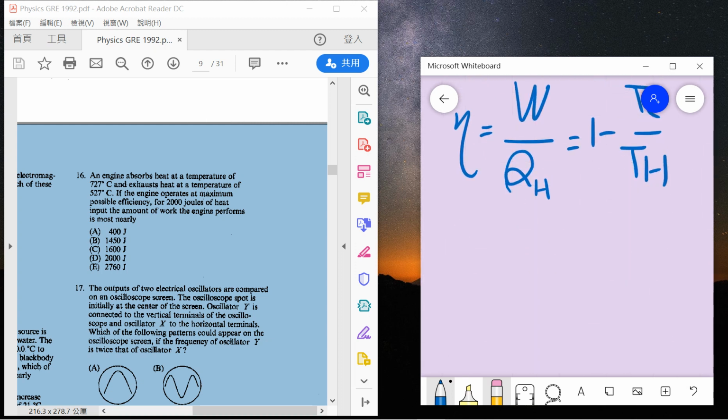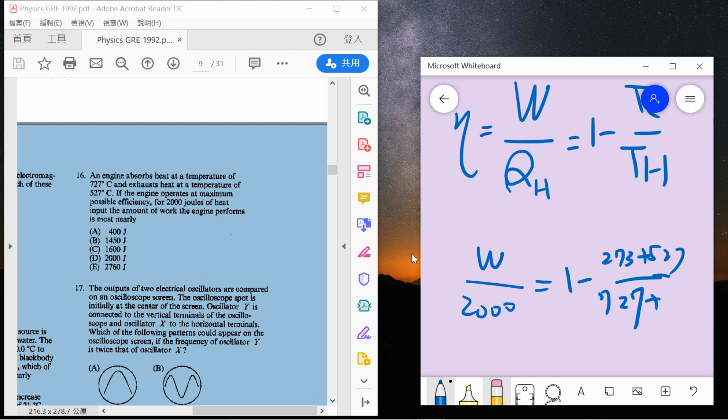So you have the work. He said that for 200 joules of heat input, work over heat is 1 minus. Remember that the cold is 527 and the hot is 727 plus 200. So you need to change into Kelvin.